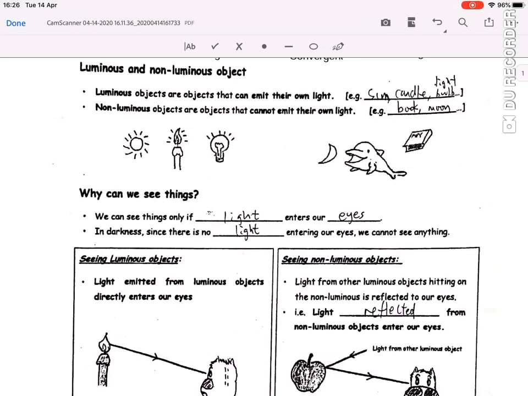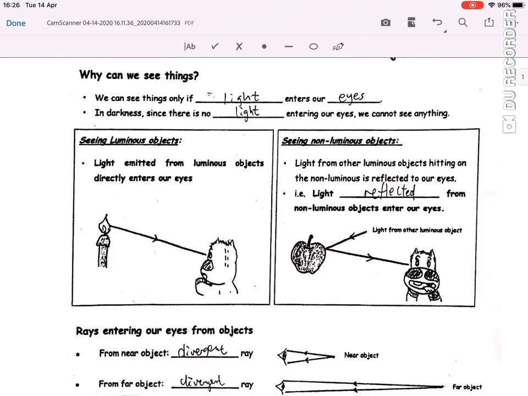And non-luminous objects cannot emit their own light. The moon, and even the dolphin there, are all non-luminous because they do not emit light.